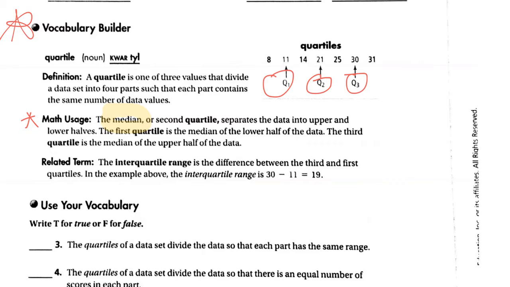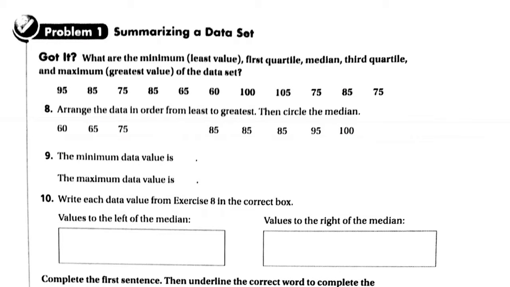So now that we have gone over what quartile means, go ahead and flip to problem number 1, please. Just like we did in the first video on frequency and histograms, we always have to arrange the data from least to greatest.